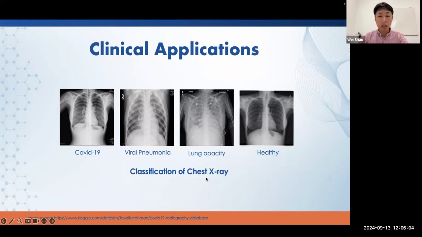The state-of-the-art AI models can achieve accuracy as high as 99% for diagnosing COVID-19 cases. So this can be used by clinicians as a very easy to use and quick diagnosis, because X-ray imaging takes only seconds. It is a very good screening and diagnosis tool for COVID-19.